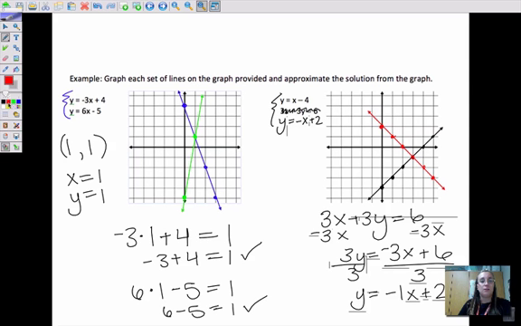And then to write my solution, I write it as a coordinate, (3, negative 1), or I write x equals 3, y equals negative 1, because that is where they intersect. That's the only x and y coordinate that will make both equations true.